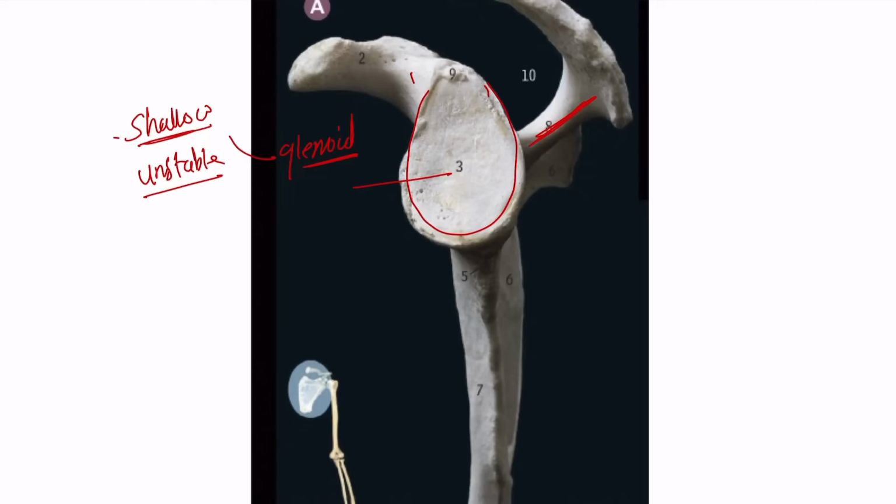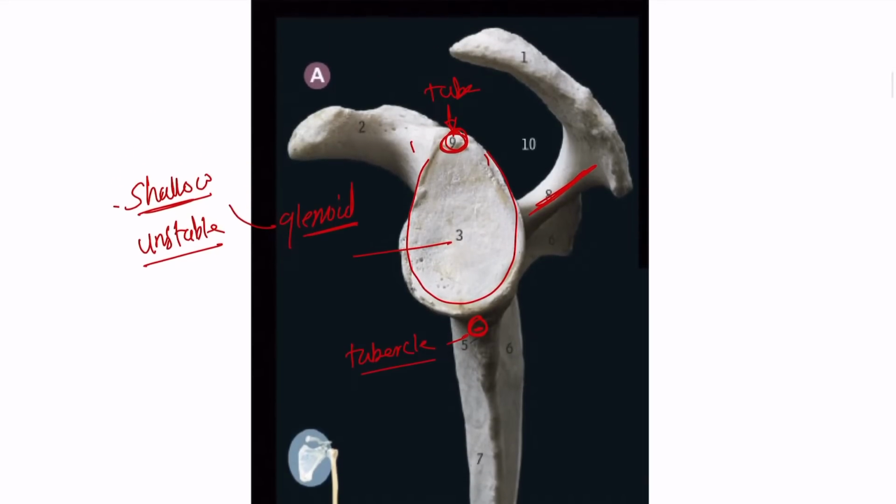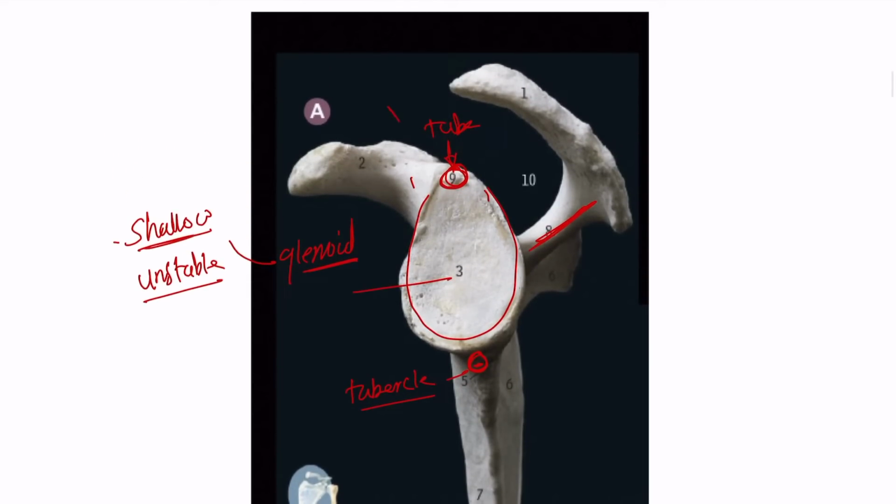On the top of this glenoid cavity, there is the supraglenoid tubercle and then the infraglenoid tubercle. These give an origin to the biceps muscle. So the biceps comes from here, which is the long head of biceps, and the long head of triceps comes from the inferior or infraglenoid tubercle, right?